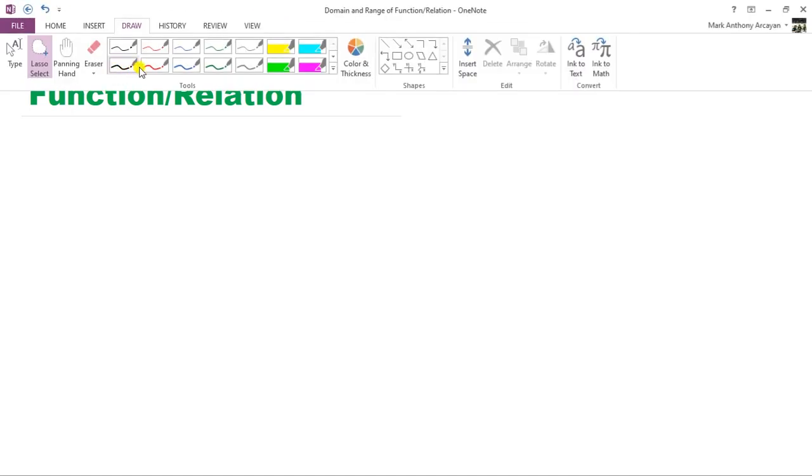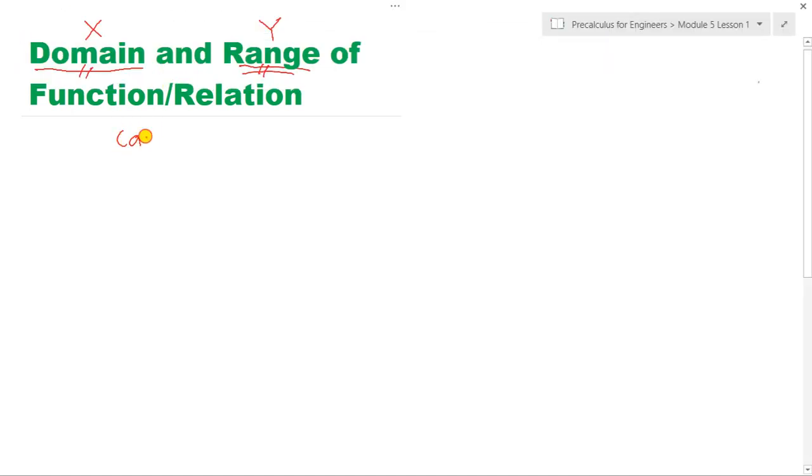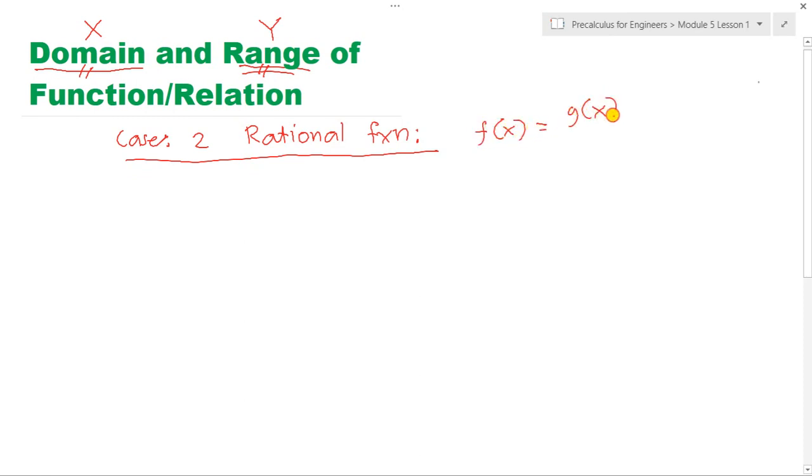So, here for case 2, sa case 2 class, we're going to talk about rational functions. So, rational function. This is of the form, let's say our f of x is equal to g of x all over h of x.